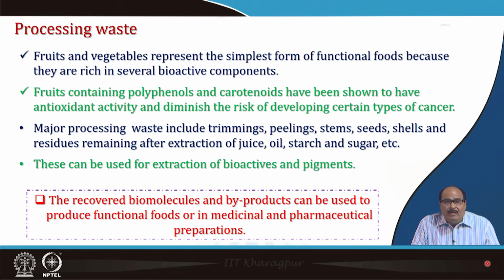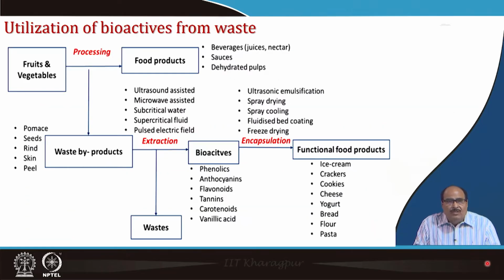And the recovered biomolecules and byproducts can be used to produce functional ingredients and food ingredients, or they can be used in medicinal and pharmaceutical preparations. So, the bioactives from the fruit and vegetable waste can be utilized in various products.